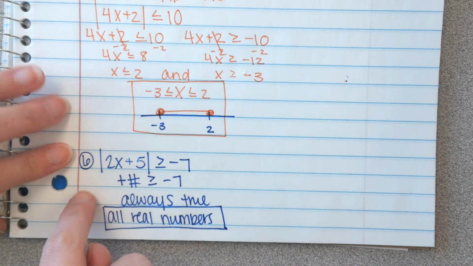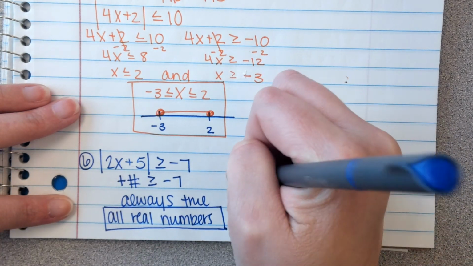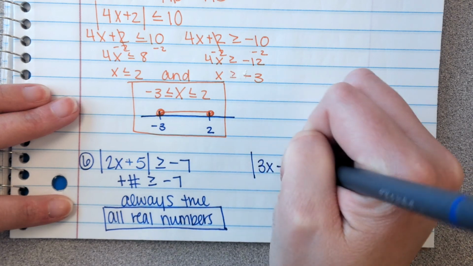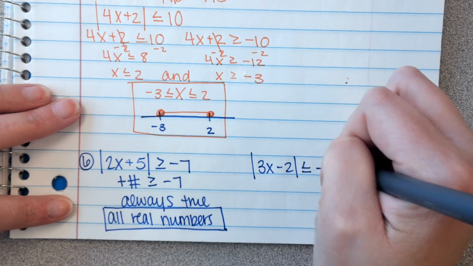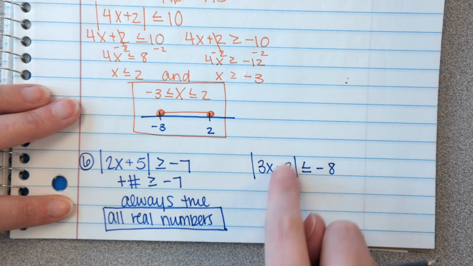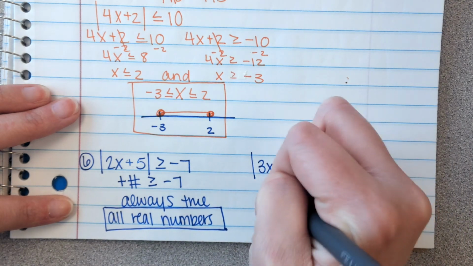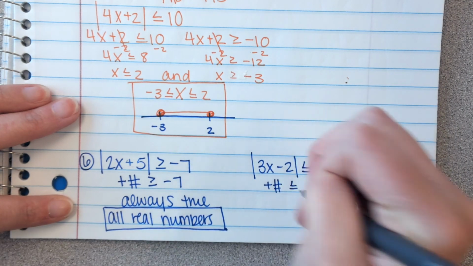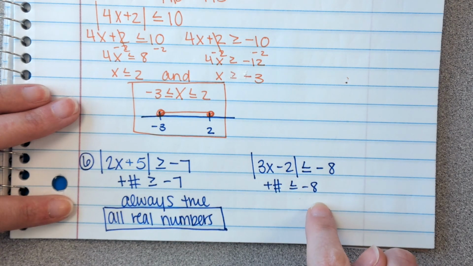All right, and just because we can, let's look at the opposite of that. So if we had the absolute value of 3x minus 2 is less than or equal to negative 8. We know the absolute value of something is always going to be a positive, right? So that's going to be some positive number. Is a positive number ever going to be less than or equal to negative 8?